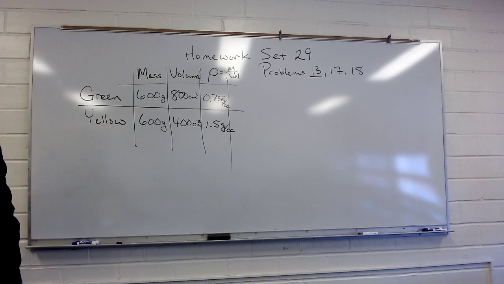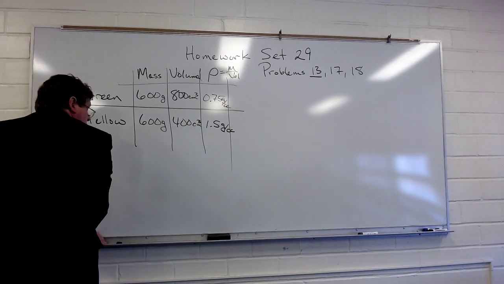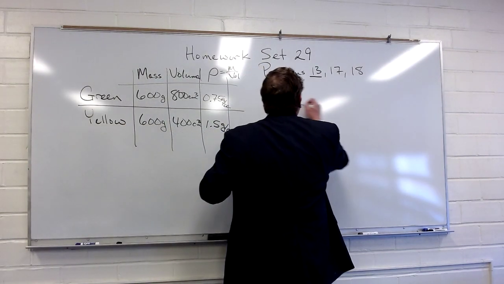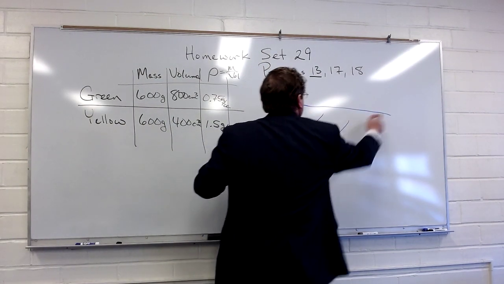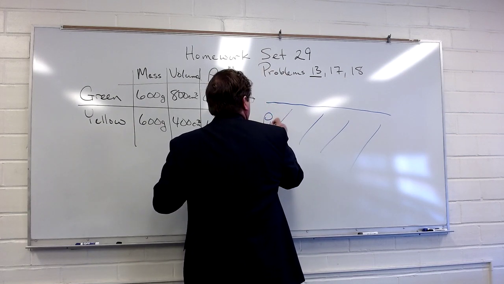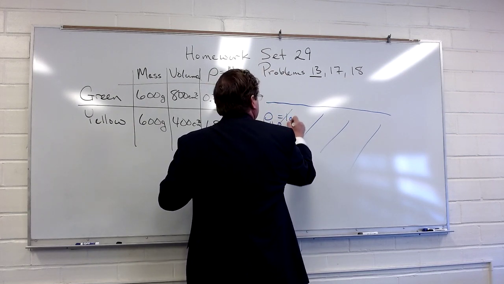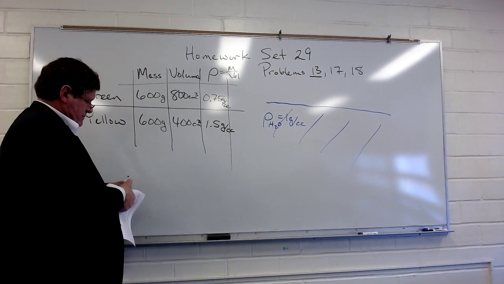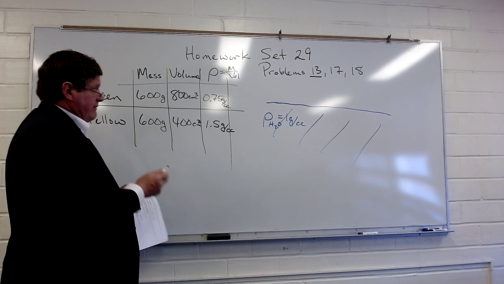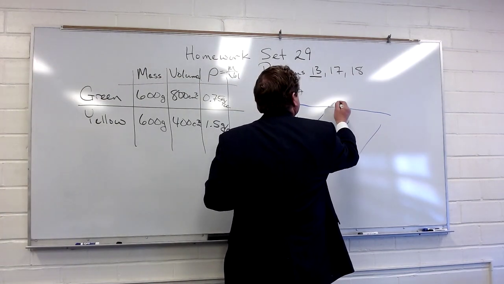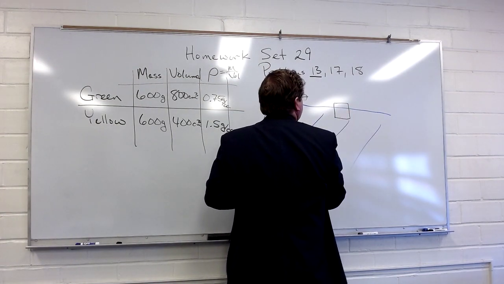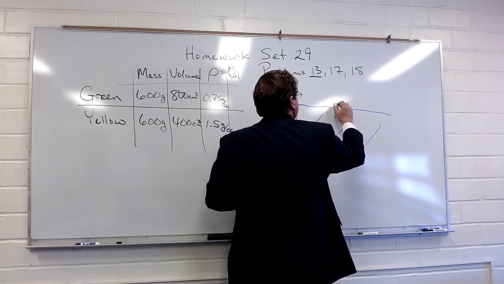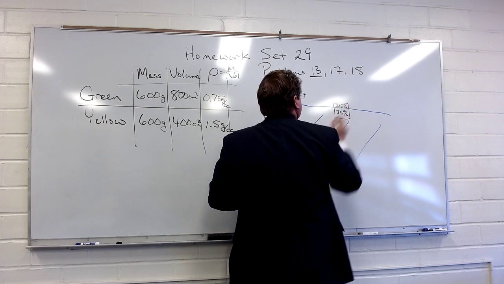If I put them in a lake of fresh water, where the density of that water is 1, the green object is going to float at the top. Indeed, it will float with 75% submerged and 25% above.